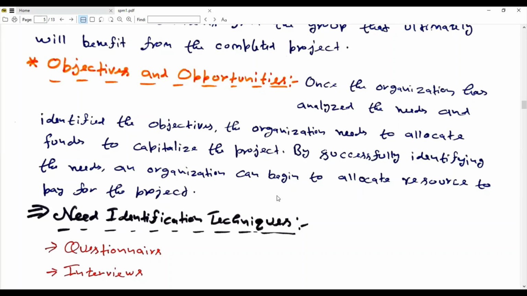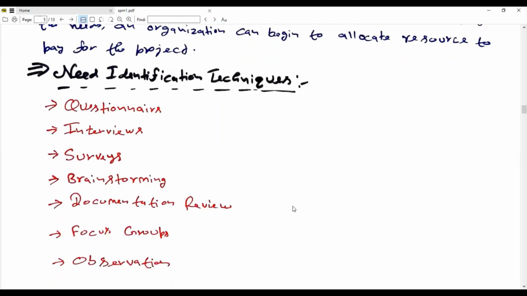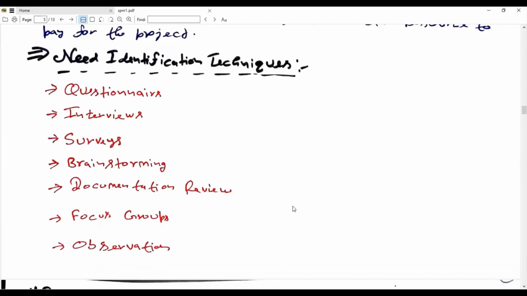Okay, we have some techniques for need identification, namely questionnaires, interviews, surveys, brainstorming sessions, documentation review, focus groups, and observations. These are the most common and very familiar techniques in the field of management and in the need identification process.